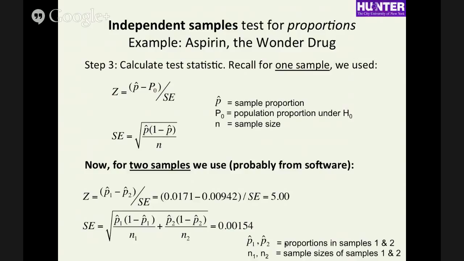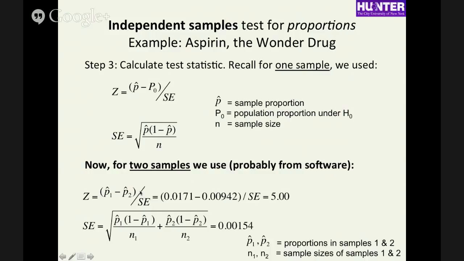So going way back now to back when we did the test of one proportion, our test statistic, z, was the proportion in our sample minus p0, the proportion in the population under the null hypothesis, divided by a standard error, which was estimated as this under that normal assumption of the binomial distribution. And when we do it now for two samples, it's almost the same, except instead of p hat minus the population p naught, it's p1 hat minus p2 hat.